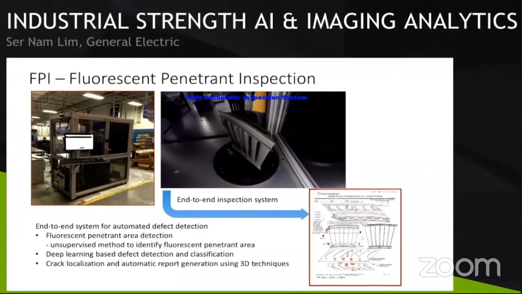Here is one example which was done at GE: an end-to-end system for automated defect detection, using an unsupervised method. It identified that, and using deep learning-based defect detection and classification, it was able to do extremely complex crack localization and report generation in something as complex as turbine blades. So this was possible due to the use of AI again.